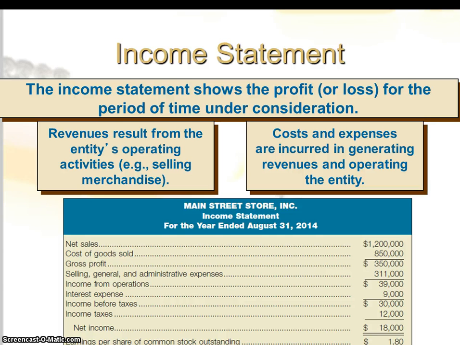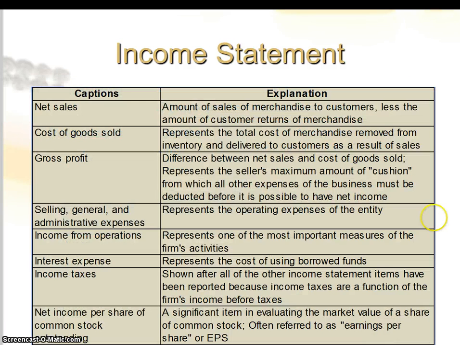But at the end of the day, the basic formula holds true. It's revenues minus expenses. And again, we have on this page basic terminology that explains what some of these line items are. And we'll touch on this throughout the course of the semester.